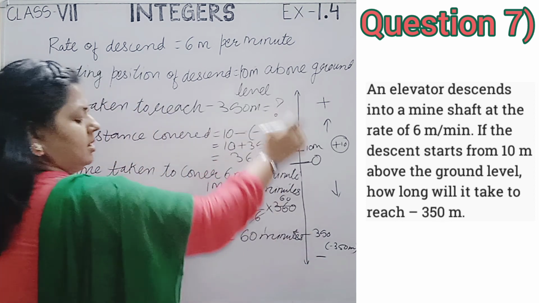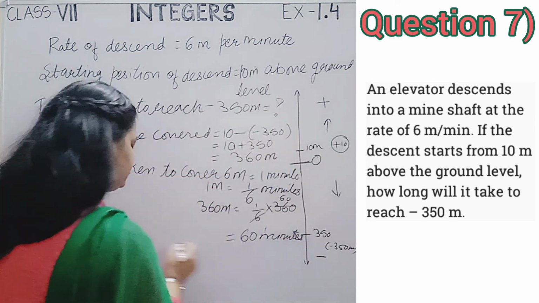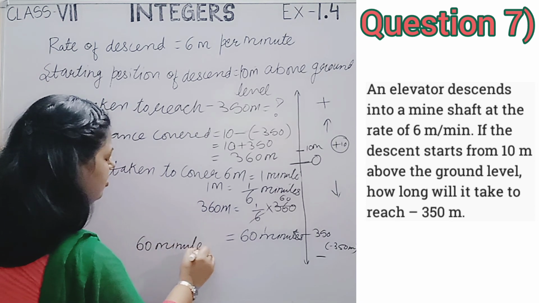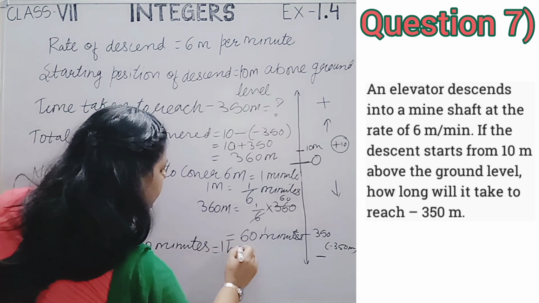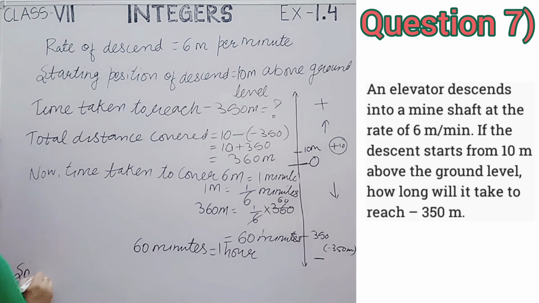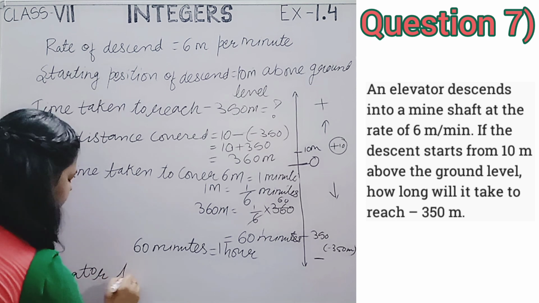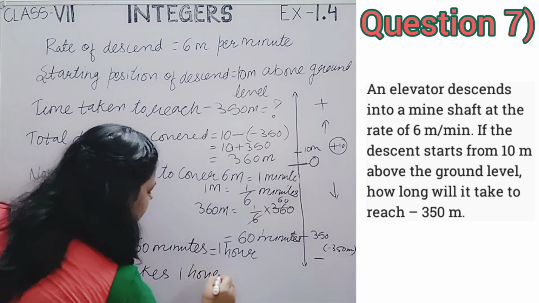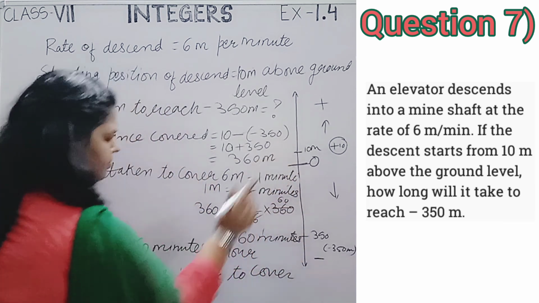So to cover the distance it takes 60 minutes and we all know 60 minutes equal to 1 hour. So the elevator takes 1 hour to cover 360 meter.